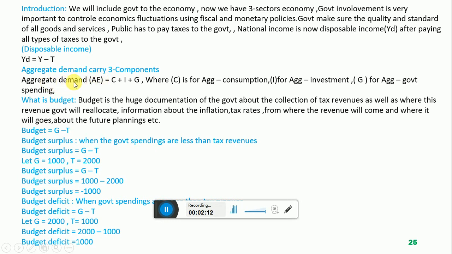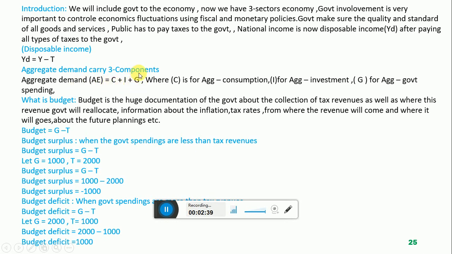So aggregate demand and aggregate expenditures have the same meaning, and are equal to C, which is aggregate consumption of the households, plus I, which is aggregate investment of the businesses in Afghanistan, plus G, which is aggregate government spending of the government of Afghanistan. So this aggregate demand has three components.